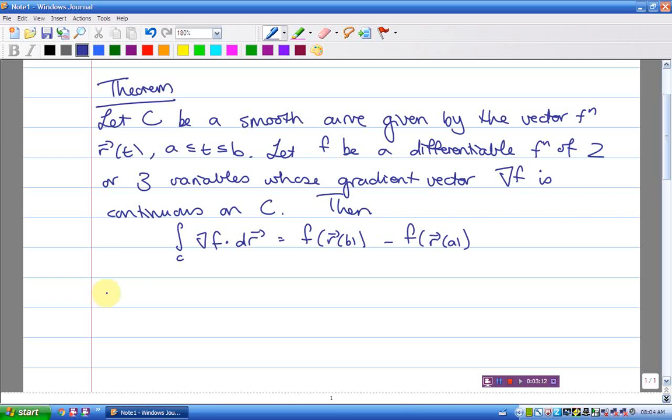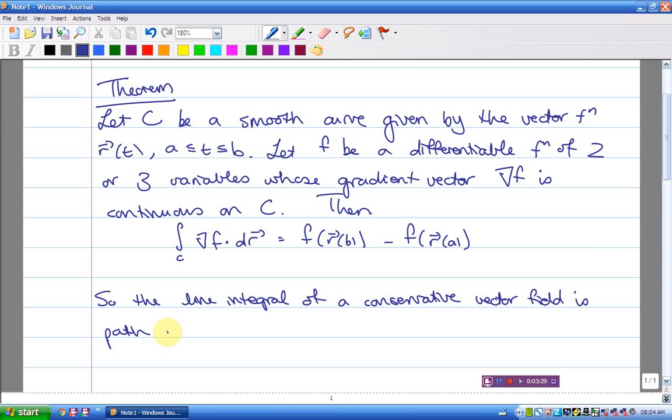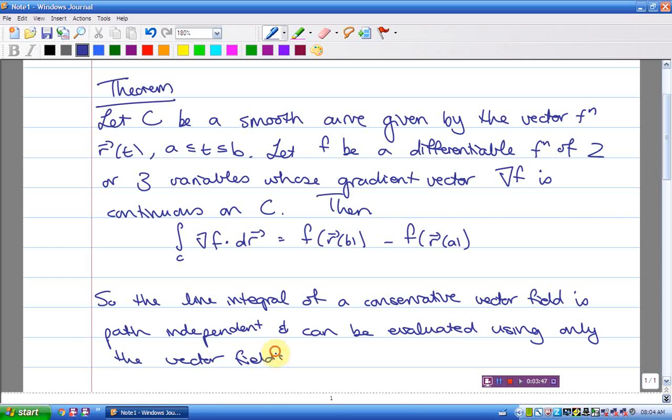What this says is the line integral of a conservative vector field, because that's what grad f is, is path independent, because it only depends on the endpoints, and can be evaluated using only the vector field's potential function.